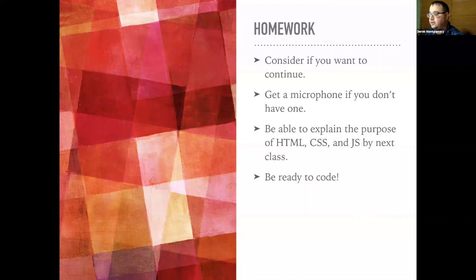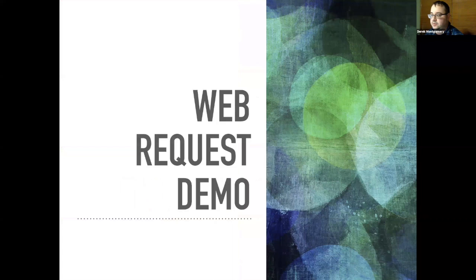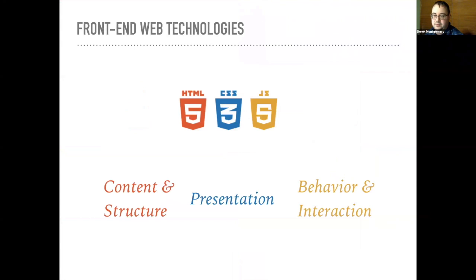The third thing is I threw a whole lot of information at you, but really all I want you to remember is when you come to the next class, all you need to be able to do is explain the purpose of those three things: HTML, CSS, and JavaScript. And I'm even going to help you with this. I'm going to put this back up on this page, and you can take a picture of it or write it down in your notebook.